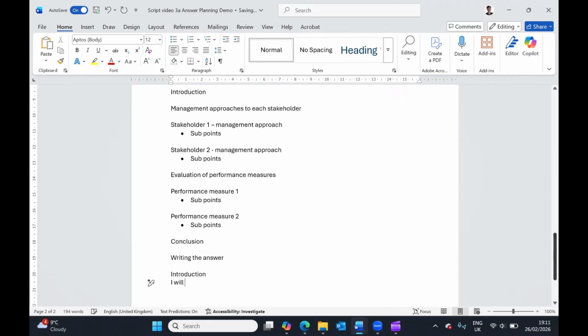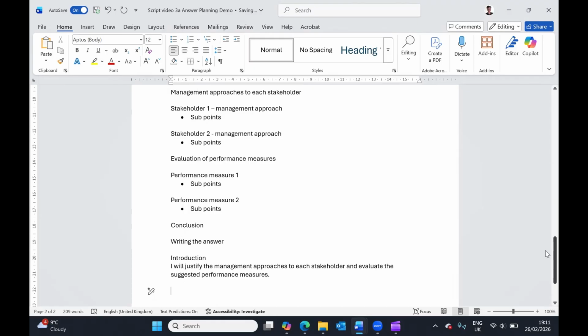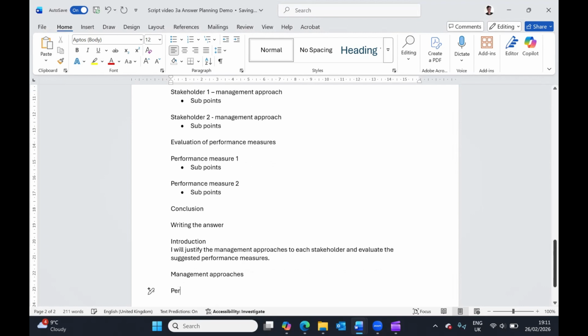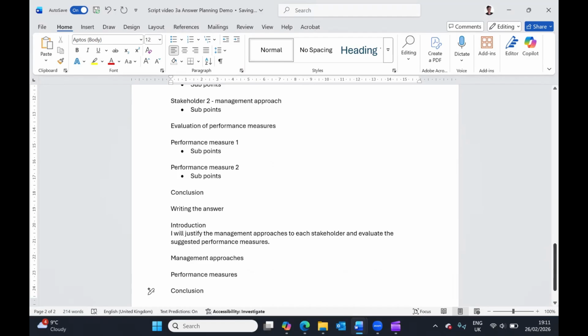And then I will justify the management approaches to each stakeholder and evaluate the suggested performance measures. And then management approaches. And then I write my answer. And performance measures, write my answer. And then the conclusion.